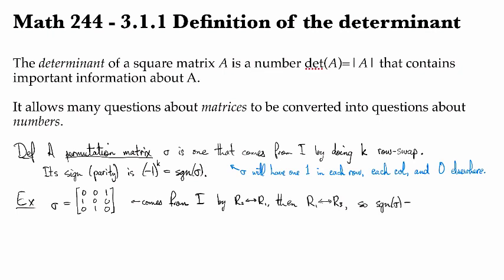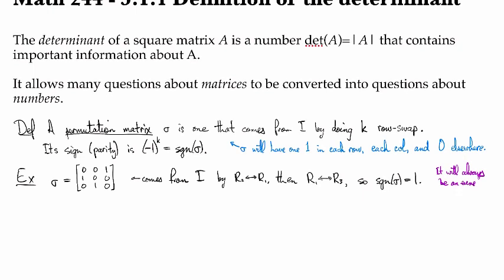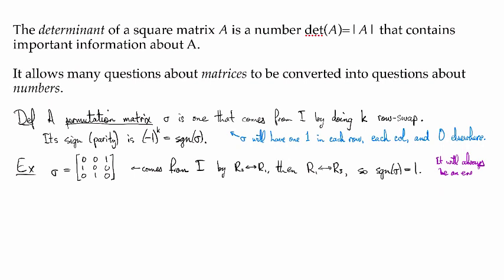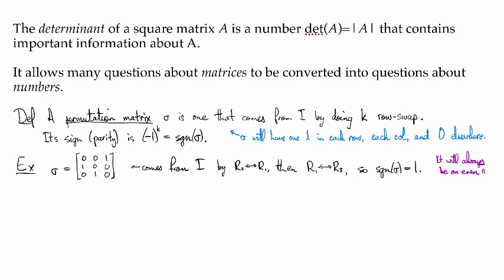So the sign of this one would be +1. It's possible to obtain this sigma from the identity by some other sequence of swaps, but no matter what, the key point is it will always be even. And so this notion of parity or sign is well defined.